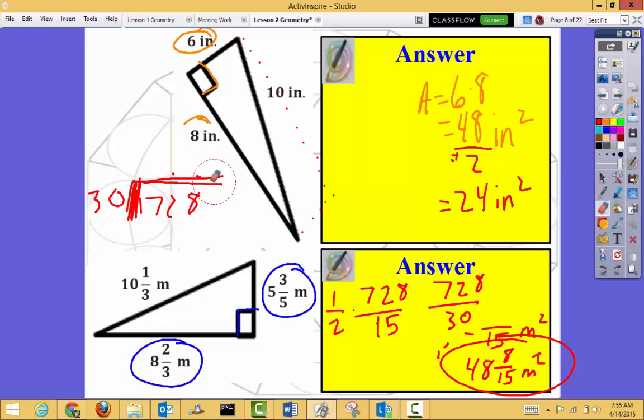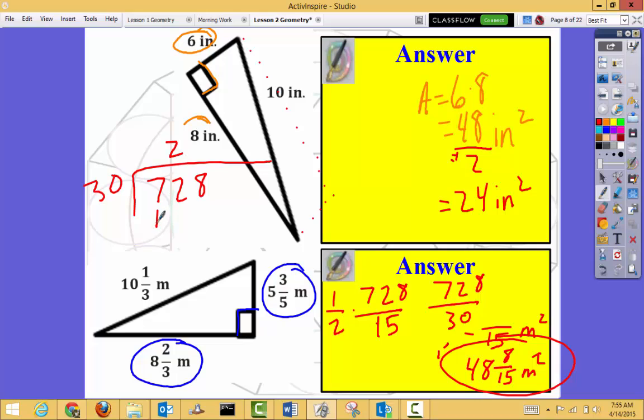Actually, let me just rewrite the whole entire thing. This is going to go in 2 times with a remainder of 12. Bring down the 8. This is going to go in 4 times with a remainder of what? 8.